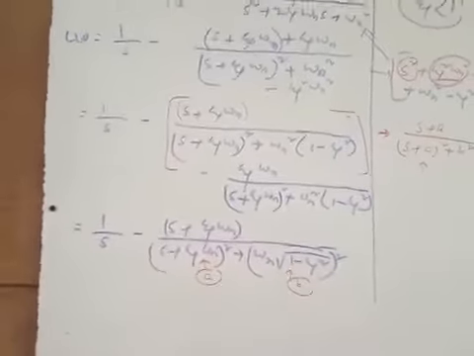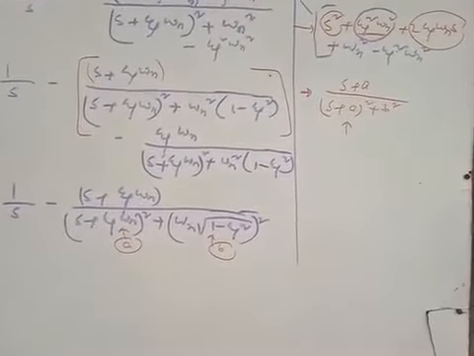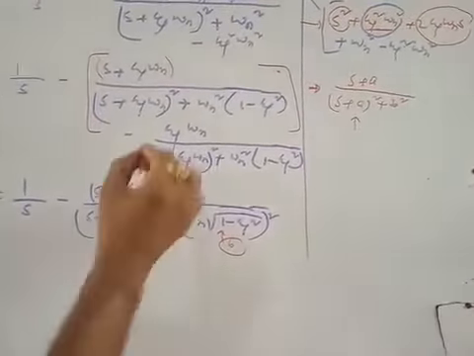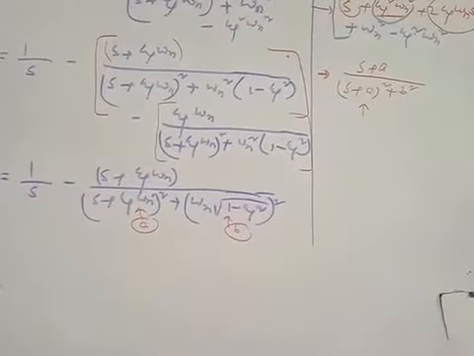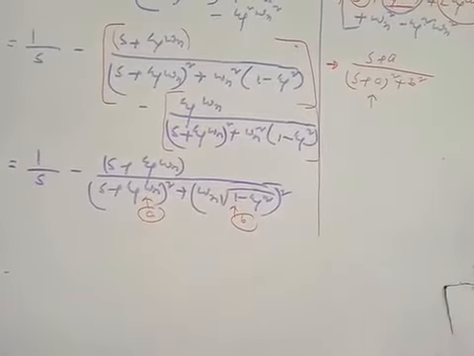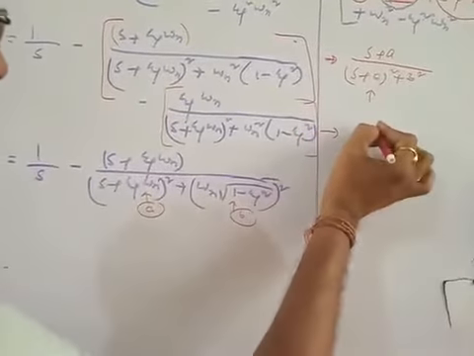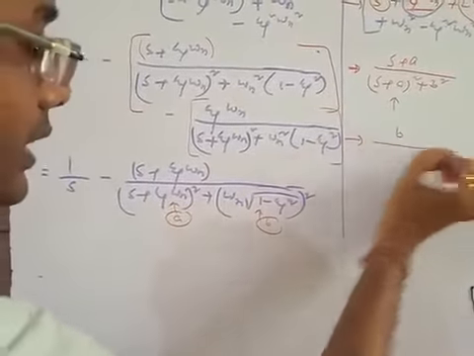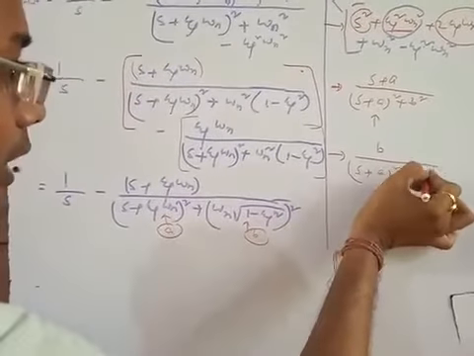If that is the case, then what about the second part? This part we have to again express in terms of some standard form, right? So what is your standard form? Another standard form is there: b by s plus a whole square plus b square.